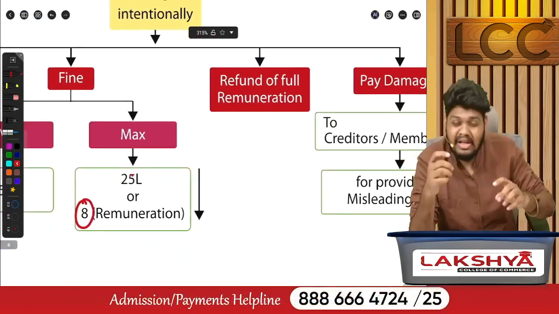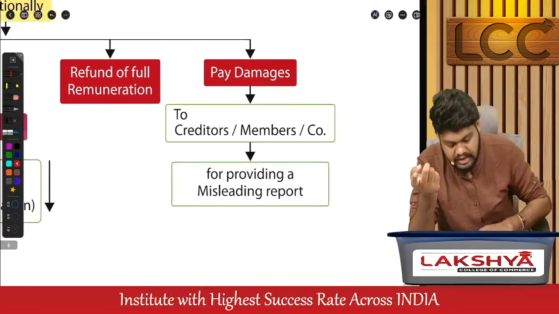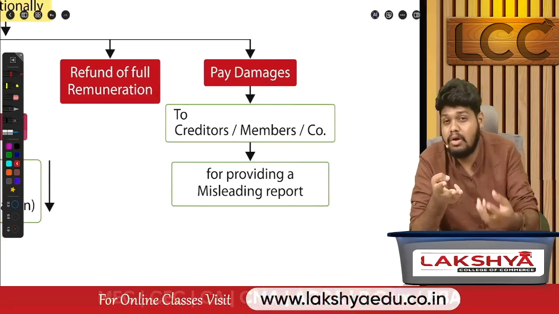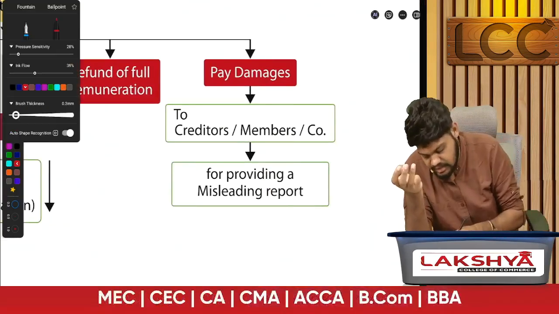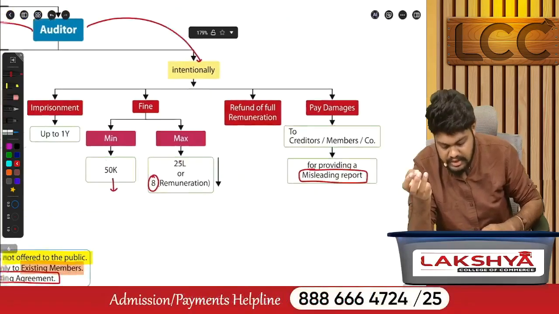He has to refund the entire amount of remuneration collected by him as an auditor and pay damages to the members or the creditors or to the company for providing a misleading auditor's report. For providing a misleading report, he has to pay damages.